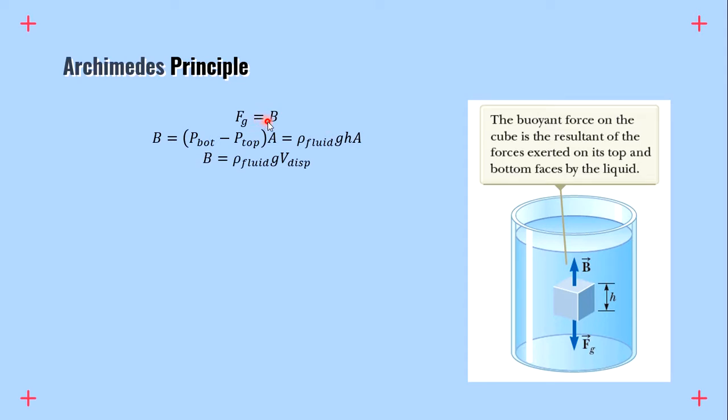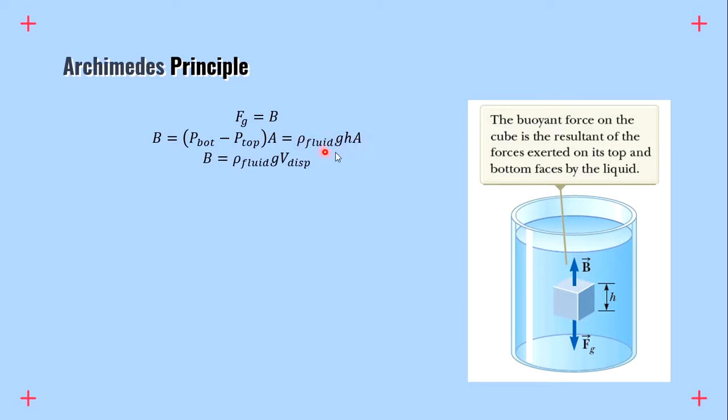Since buoyant force is equal to the weight of the water displaced, the buoyant force is equal to the pressure at the bottom minus the pressure at the top of the cube, times the area exposed to the fluid, which is equal to rho gHA.